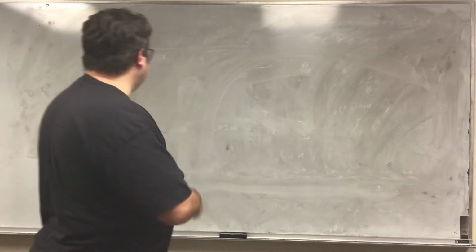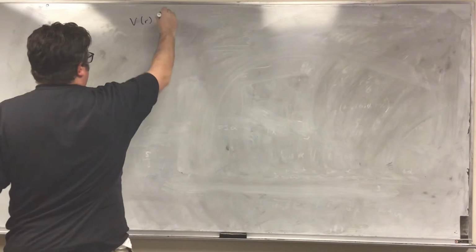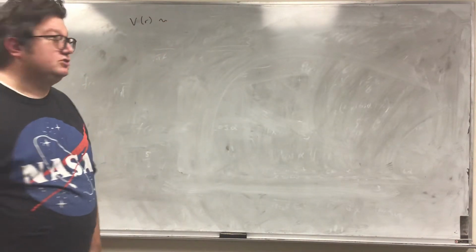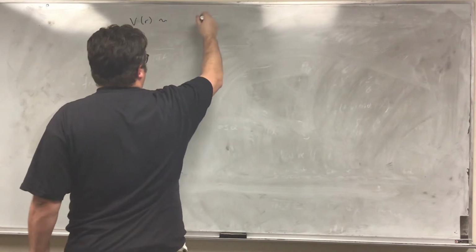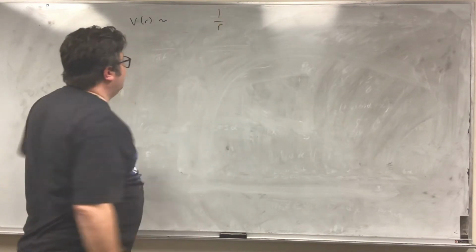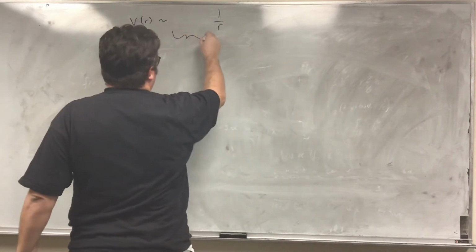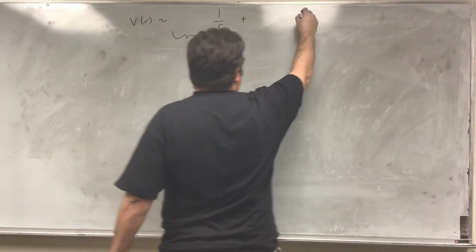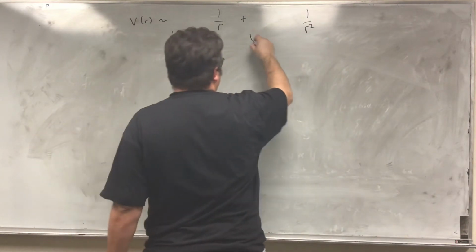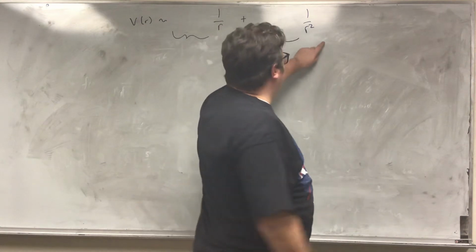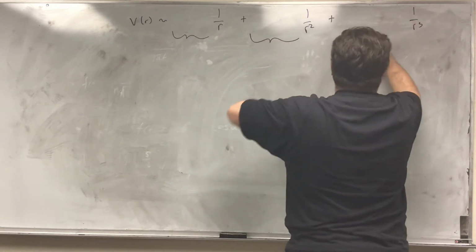So what we're going to do is take our V as a function of R, and expand it in the following form. We're going to expand it with some term that goes as 1 over R, and then some term that goes as 1 over R squared, and then another term that goes as 1 over R cubed, and so on.